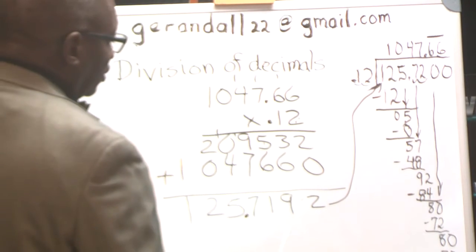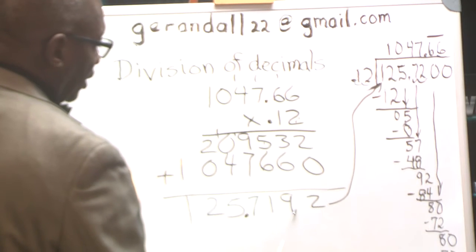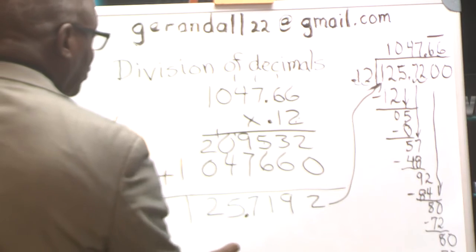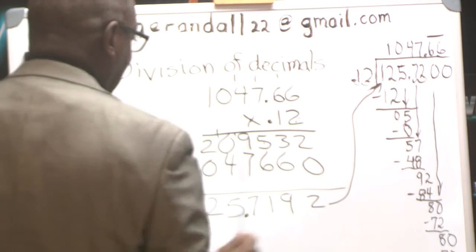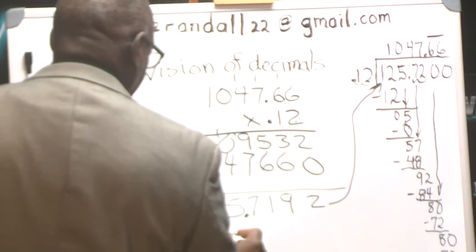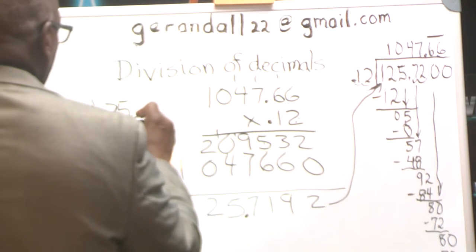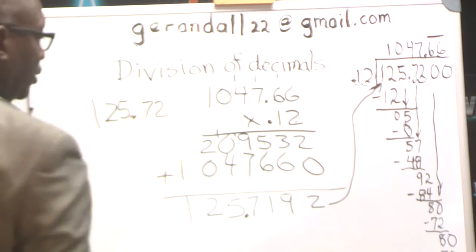And of course, your teacher would say round it to the nearest hundredth. So we go to this number here, and because it's 5 or greater, our final answer would have been exactly that. In other words, by rounding, 125 and 72 hundredths.